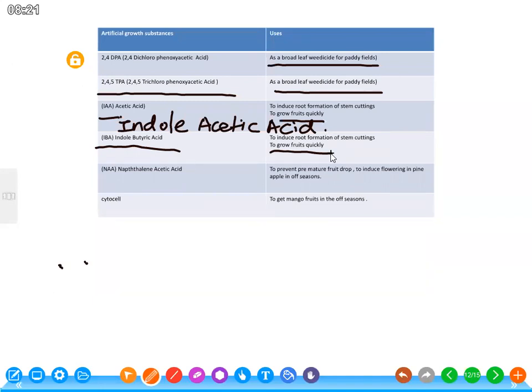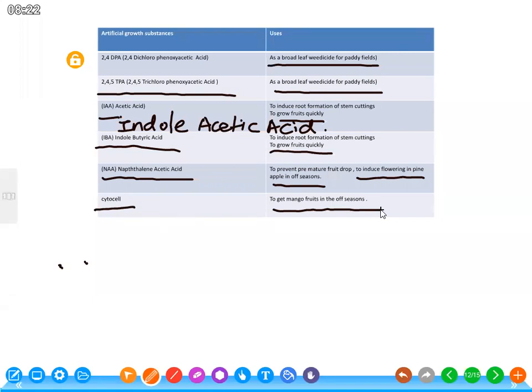Then NAA, naphthalene acetic acid, to prevent premature fruit drop and to induce flowering in pineapple in off seasons. Then cytozyme, to get mango fruits in the off seasons.